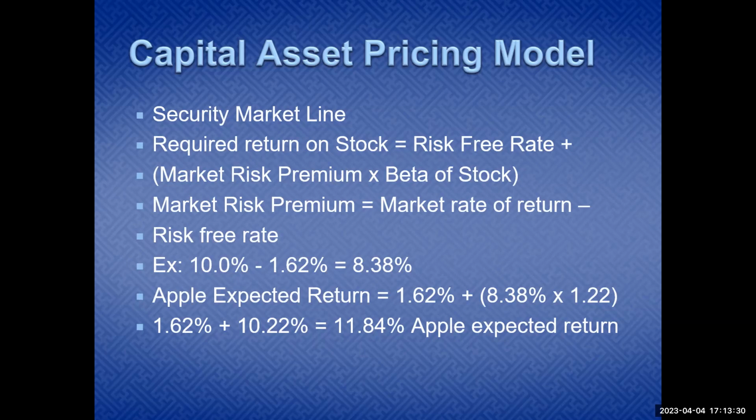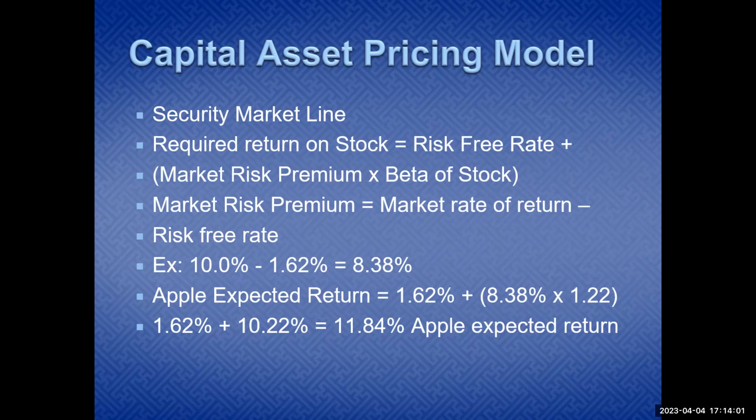So if you look at it here, the example is the risk-free interest rate, which is the 10-year United States Treasury yield, which currently is about 3.5, 3.6% in the market. In this example it is 1.62%. The market premium rate is the market return on the New York Stock Exchange or the S&P 500, which in this example was 10%, minus the risk-free rate, which is called the market premium of 8.38%.